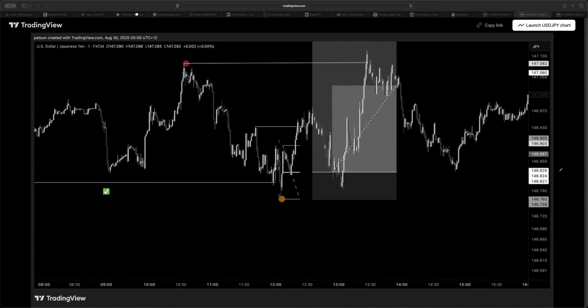But either way, even this might have low-key been a bit aggressive because this could have been another CBOS. But I like that the CBOS would also have been caused by unwillingness. That would have been a supporting factor. And it actually came back down to that POI. So that was very good.